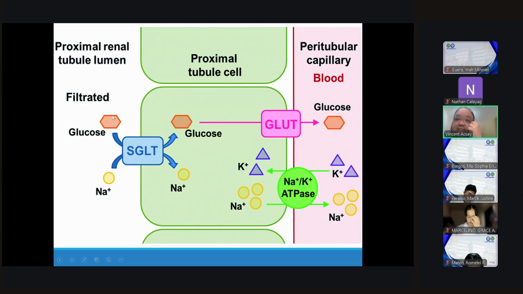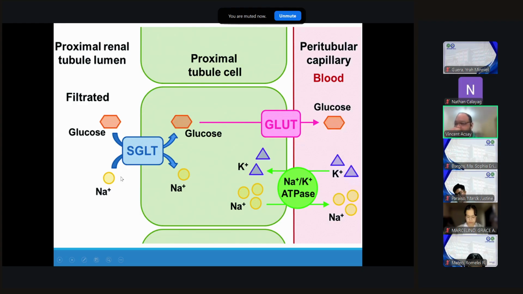So from inside the kidneys, our urine has glucose and sodium in it. The proximal tubule cell would want to save as much of both as possible because they do not want to lose all the electrolytes and energy.